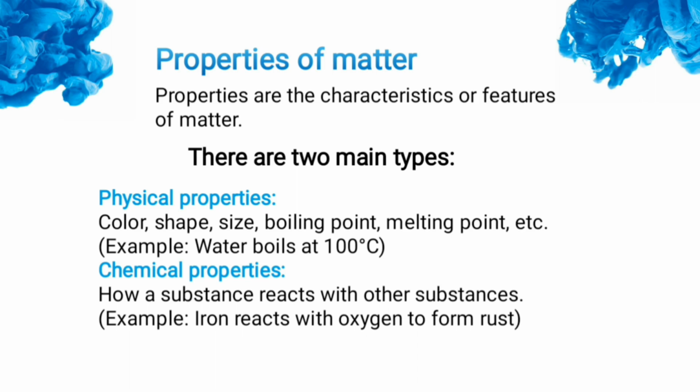Physical properties mean color, shape, size, boiling point, melting point, and so on. Example: water boils at 100 degrees centigrade. This is a physical property. Chemical properties describe how a substance reacts with other substances. Example: iron reacts with oxygen to form rust. This is a chemical property.